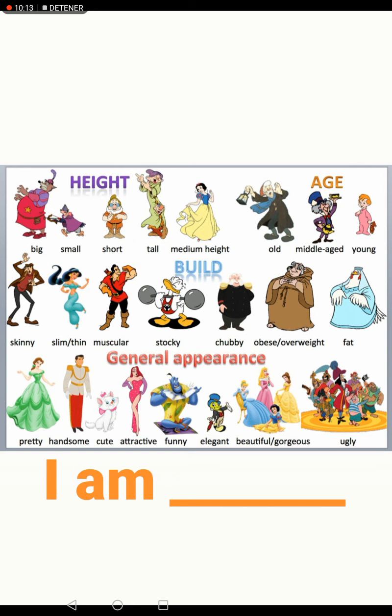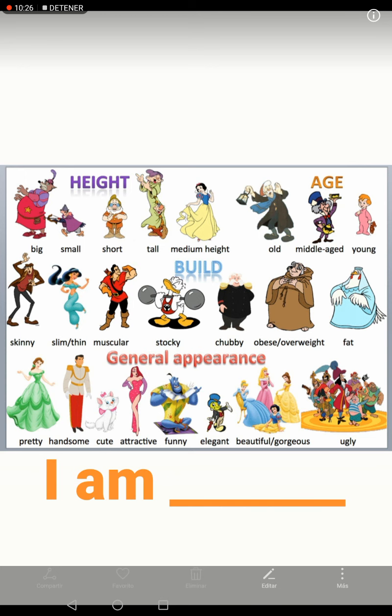So to use all of these to describe yourself, you have to say I am, yo soy, and then you can use one of these words that fits you. Son una de estas palabras que queden ustedes.